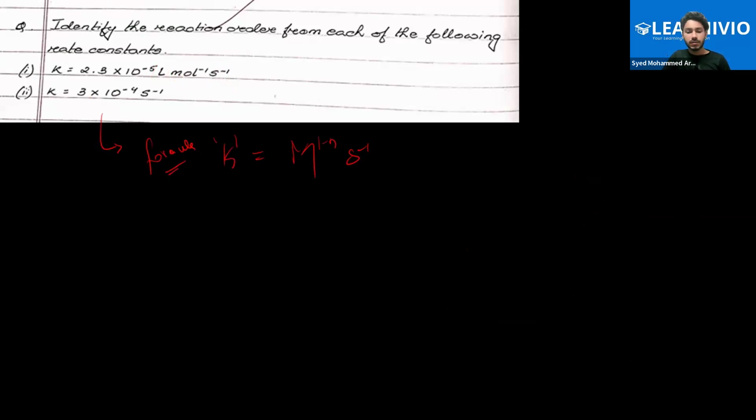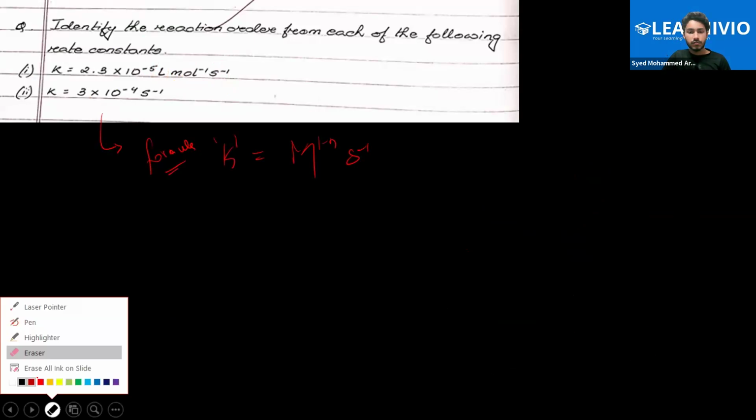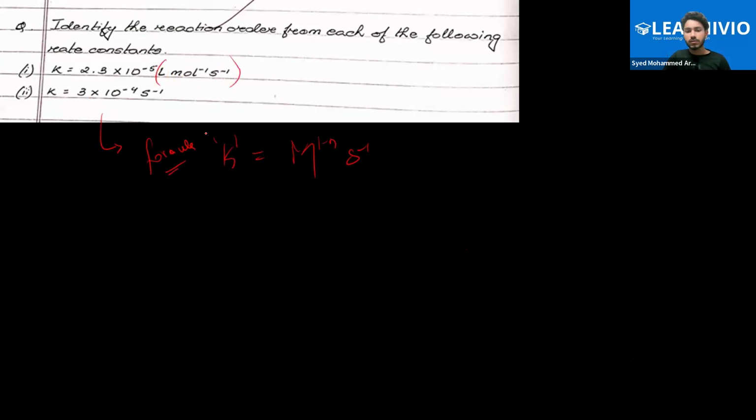So basically, it is written K, mole per liter. So the power, M power, would be M minus one, which equals minus one. So if you calculate, you'll get the value of n as two.